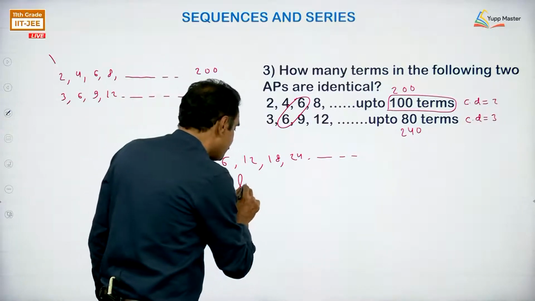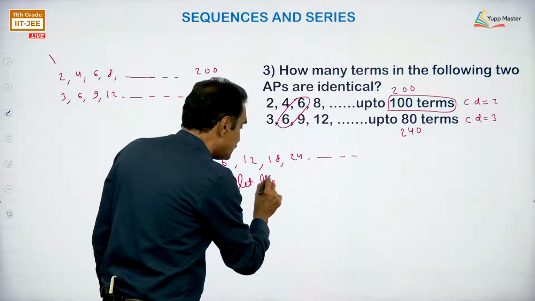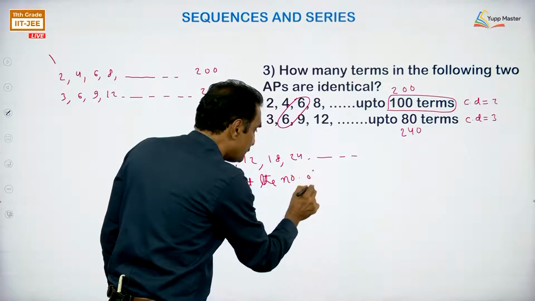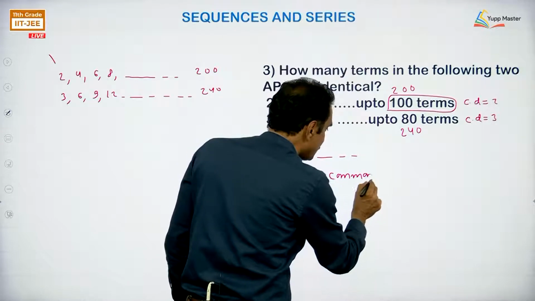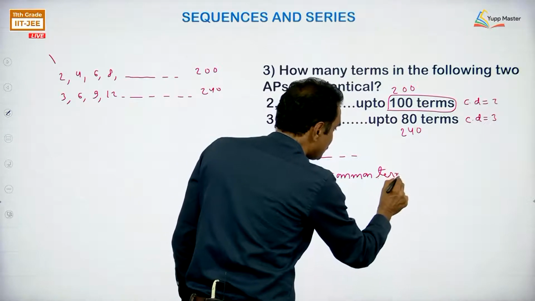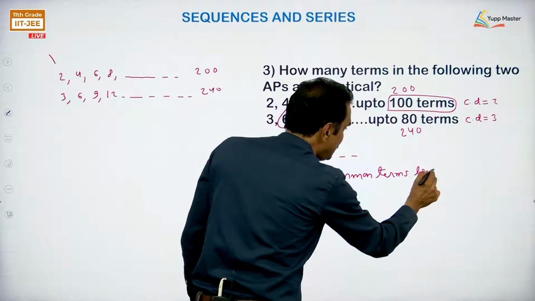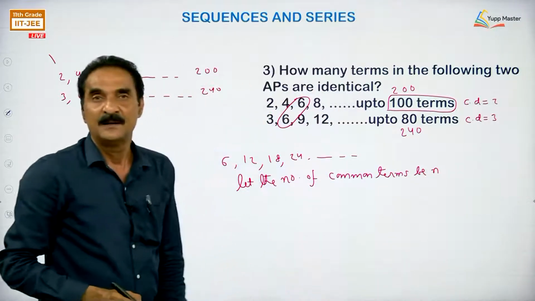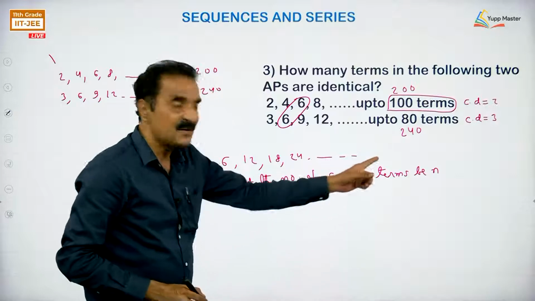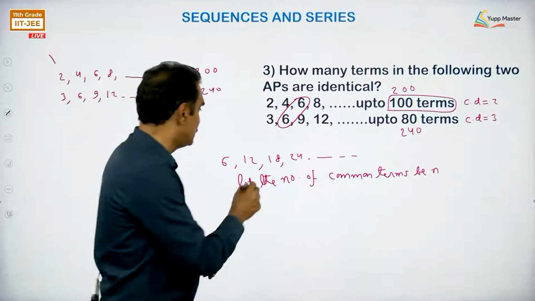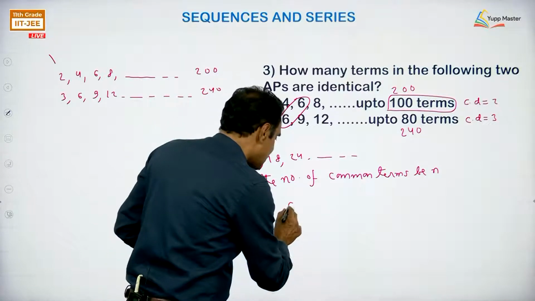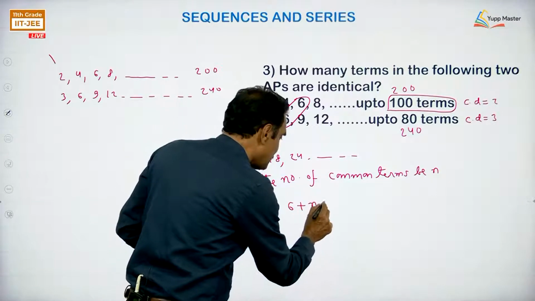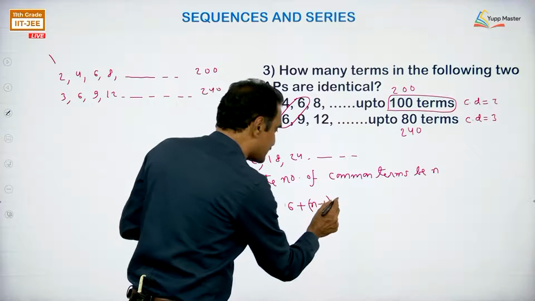Let the number of common terms be n. Then what is the last term of these common numbers? Since this is AP, 6 plus n minus 1 into common difference 6.